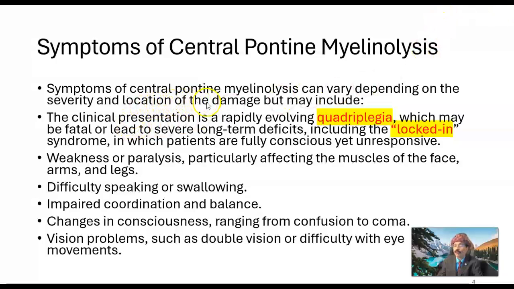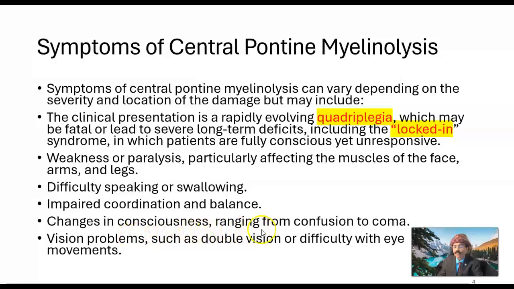Symptoms are variable depending on the severity and location of damage: weakness or paralysis, particularly affecting the muscles of the face, arms and legs, difficulty speaking or swallowing, impaired coordination and balance, because the cerebellar function may not be coordinated with that of the cerebrum because of the pontine myelinolysis.